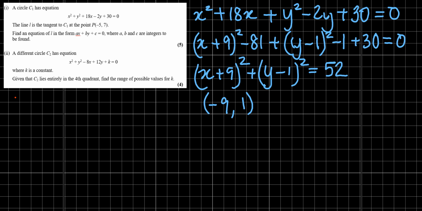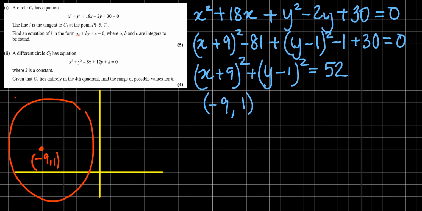So if we draw that out, this is not exact, but let's say this is (-9, 1). This is our circle. The point (-5, 7).